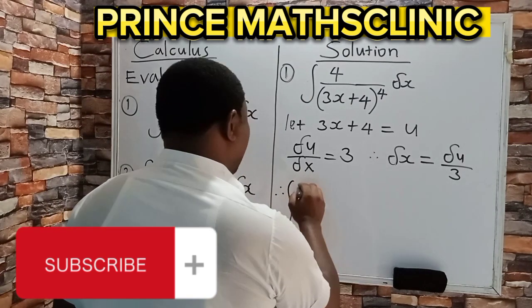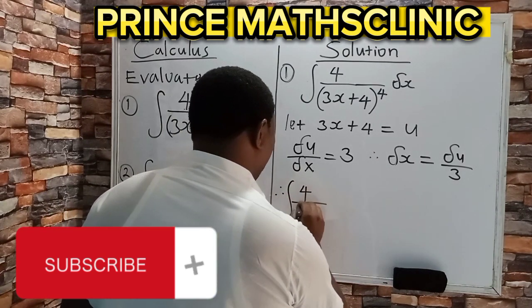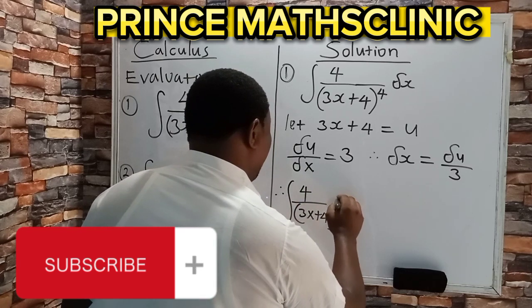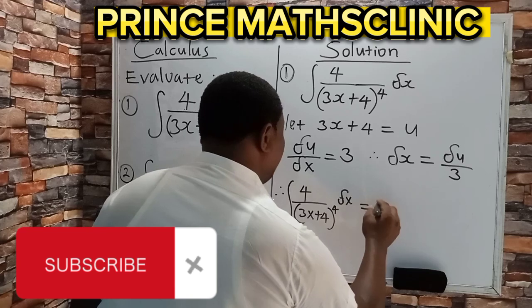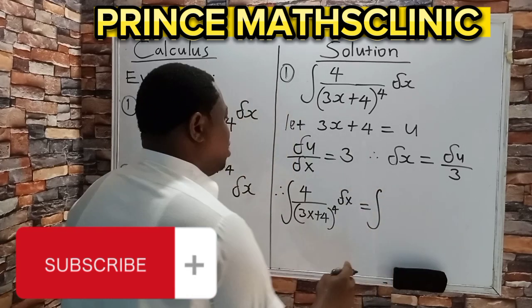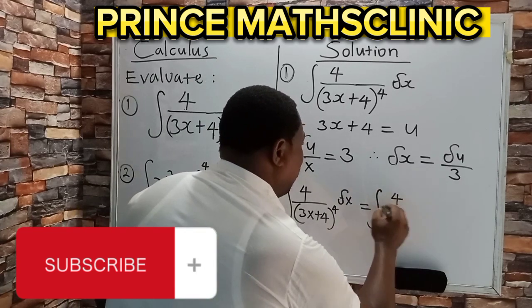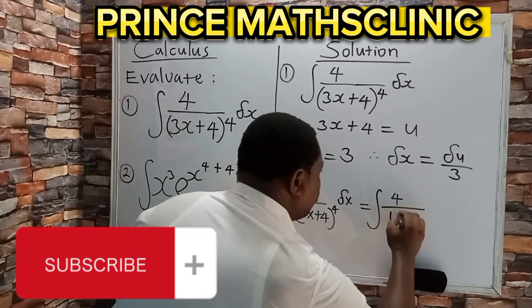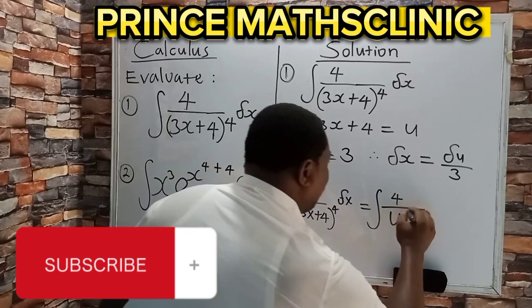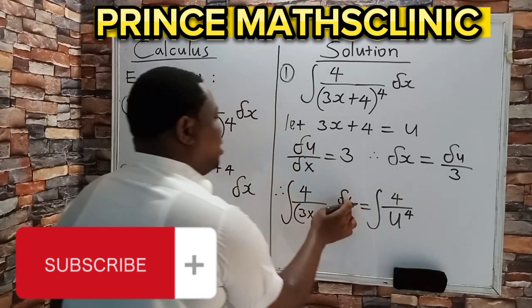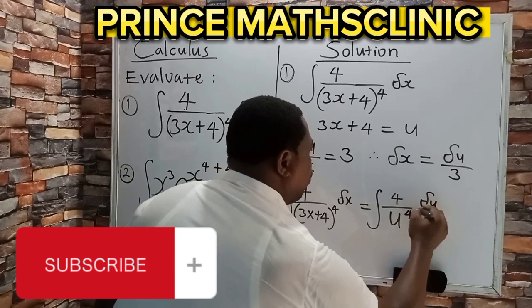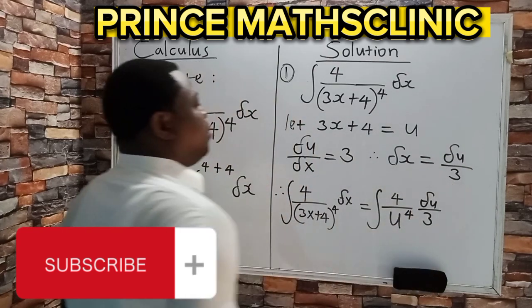So I'm going to substitute everything back into this. My integral of 4 over 3x plus 4 to the power of 4 dx will now become the integral of 4 over u to the power of 4, then instead of dx, I put du over 3.